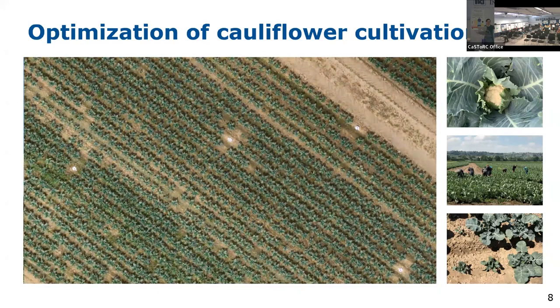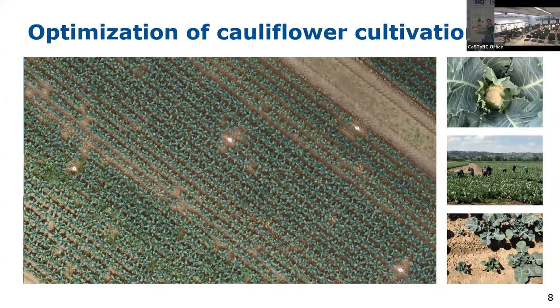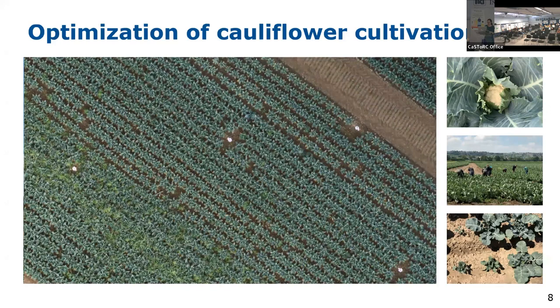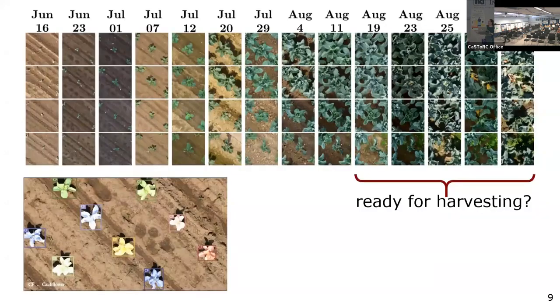So we can follow each plant over time and estimate, for example, the size. And this is how it looks when we make a data set out of it. If you want to work with this kind of data, this data set is called Cauliflower, and it's publicly available. You can download it. And the data looks like this.